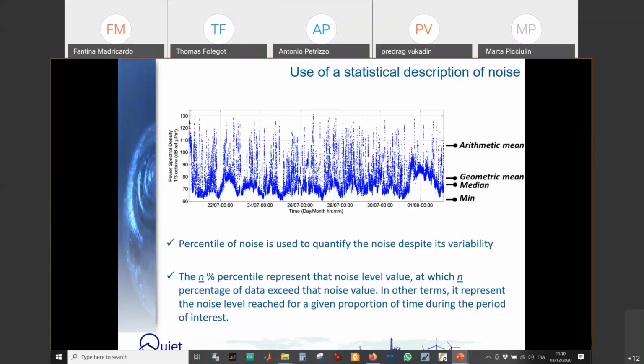We need to look more carefully, but I think it was more for marine mammals. Yes. It's not very solid still, this behavioral level where you start to have some changes. It's not very clear yet, but there are some people working on it to have some better values.